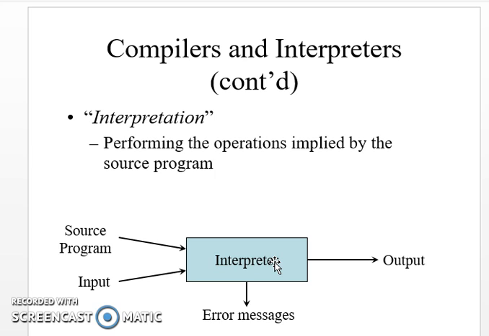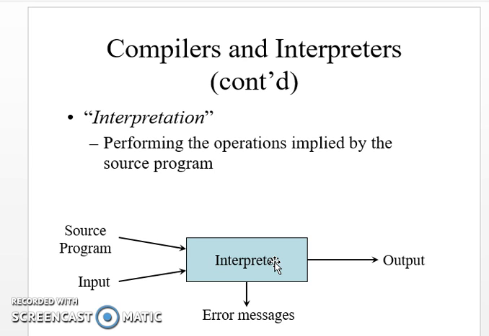Suppose the interpreter translates the first line. If it does not have any errors, then it moves to the second line. If any error is identified in the second line, then it stops the translation and sends the error messages.